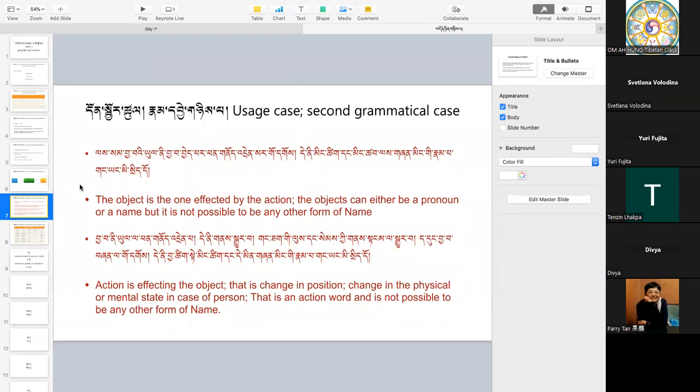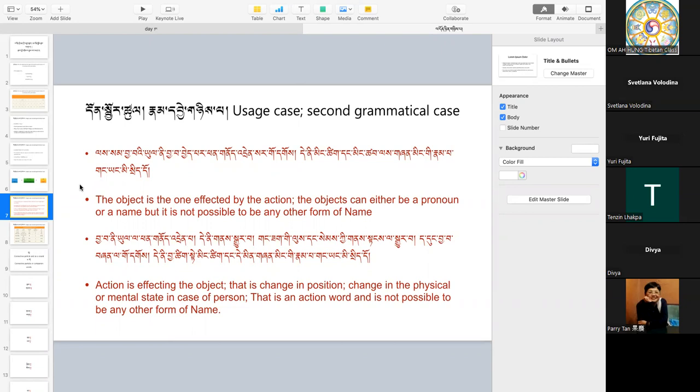The object can either be a pronoun or a name. Name as a naming word, mingsik, but it is not possible to be any other form of name. When I say it's not possible to be any other form of name, what do I mean by it? It cannot be an adjective, it cannot be an action word, it cannot be any of the 3 bound morpheme words.